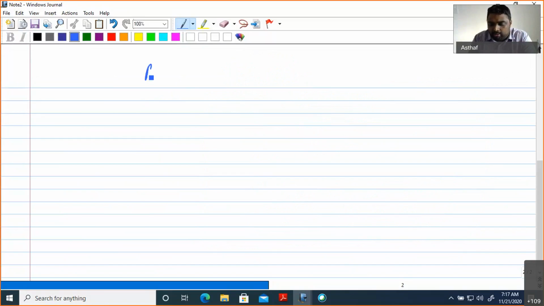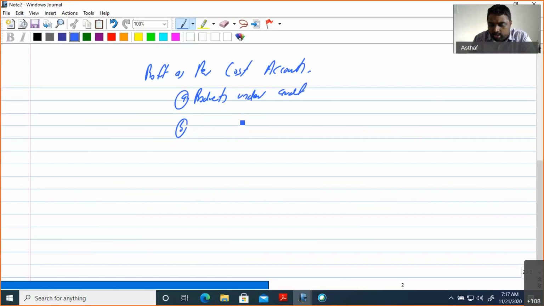First will come profit as per cost accounts. Here we will take the products covered under audit, and products not under the audit. That means all the details will be given. You will get the profit as per cost.